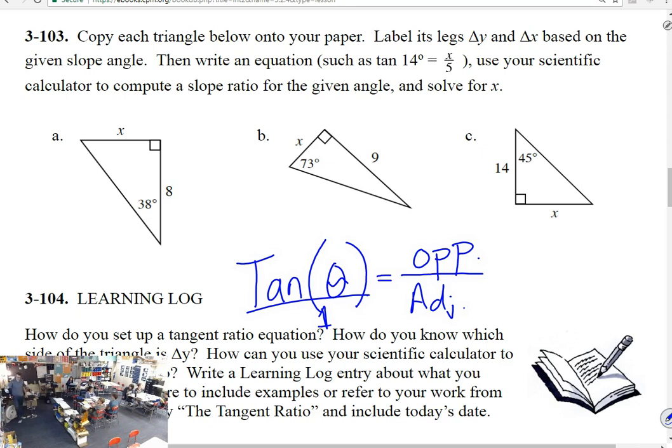So really, to solve for an opposite side, all I need to do is take the length of the adjacent and multiply it by the tangent of theta.